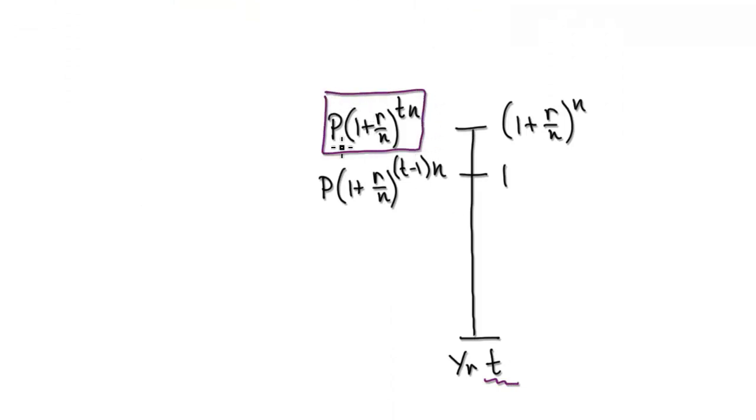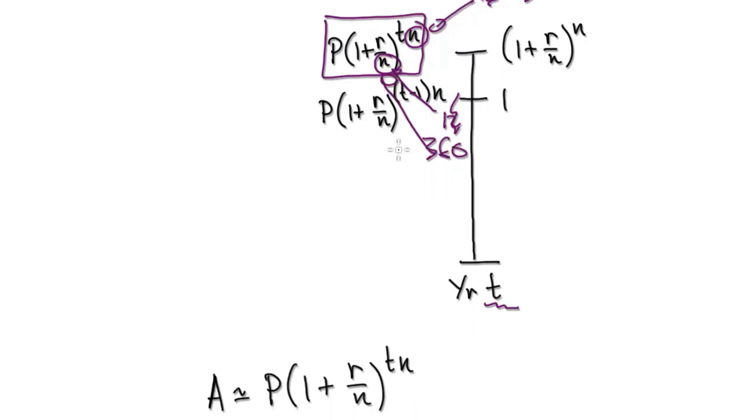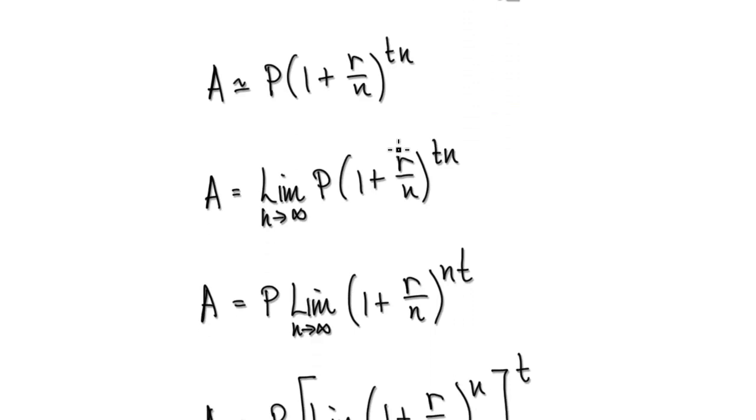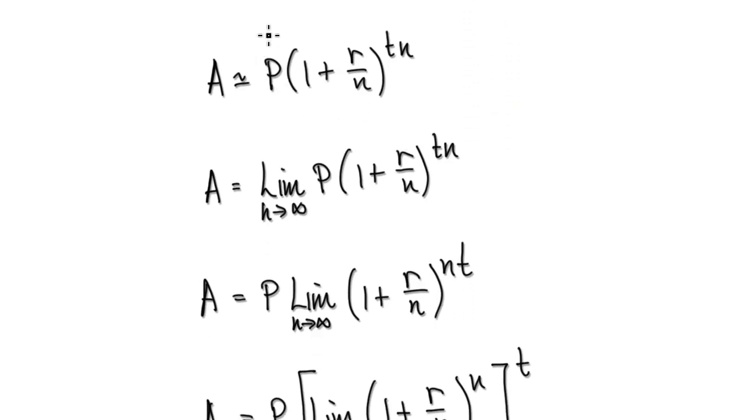This is the amount of money you have after year T, and it does depend on the number of times you want to compound it. If you want to compound it every month, then 12 would go into the n. If you want to compound it every day, it would be 365 into the n. So the amount of money you will have in the bank is approximately this much.